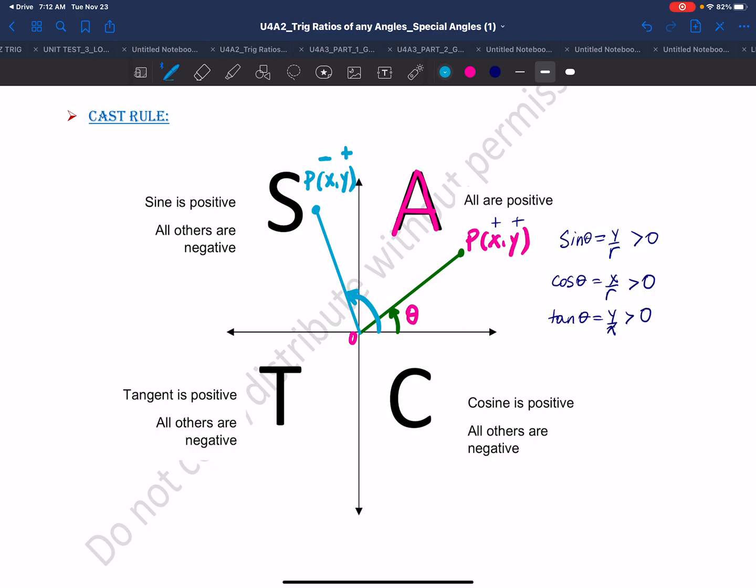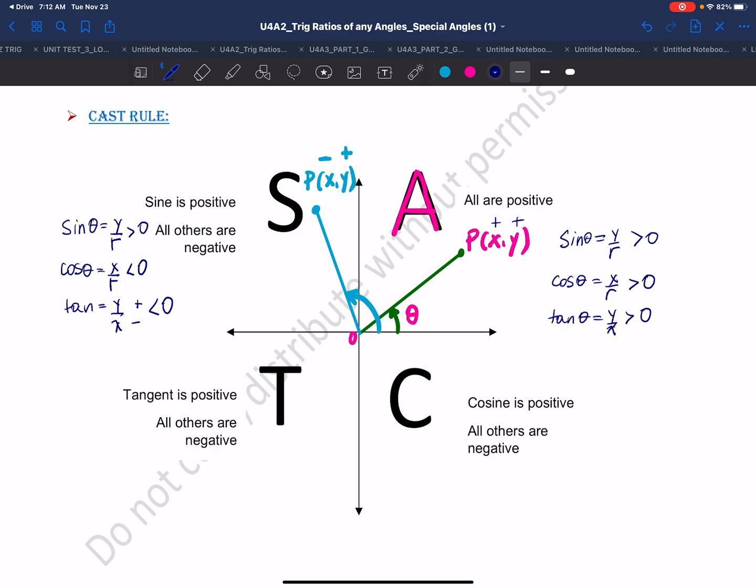What this means is that the sine ratio, this time, would be y over r. And with y being positive, that would be a positive sine value. Cosine is x over r. So x is negative, so that would be a negative number. And tan is y over x, which will be a positive over a negative, which will make a negative.